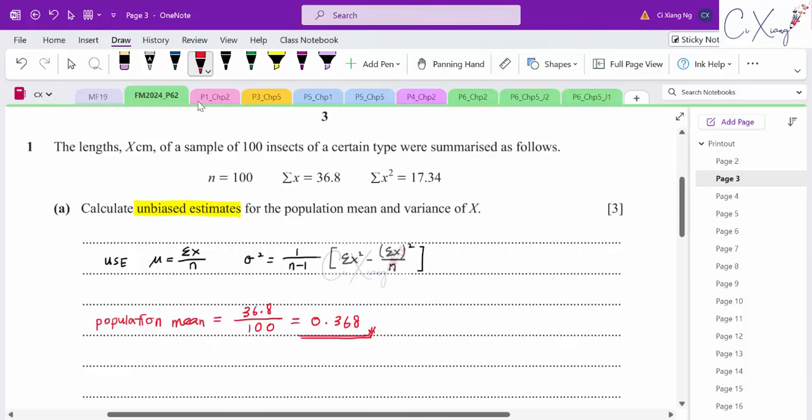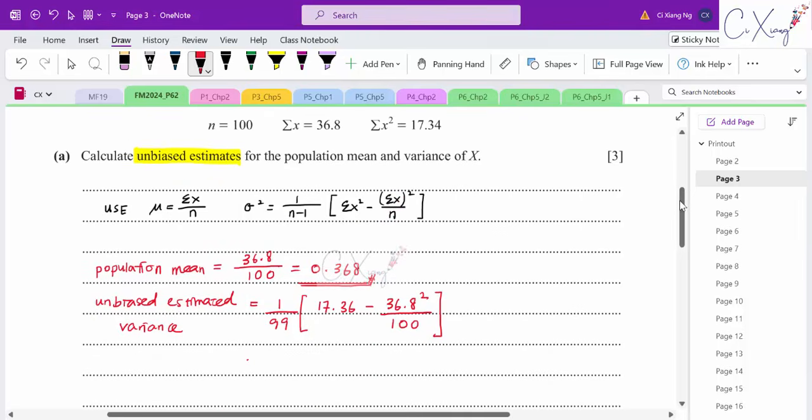Then we go to the unbiased estimated variance. According to the formula, it will be 1 over n minus 1, which is 99, multiplied by summation of x squared, which is 17.34, minus 36.8 squared divided by 100, the n.